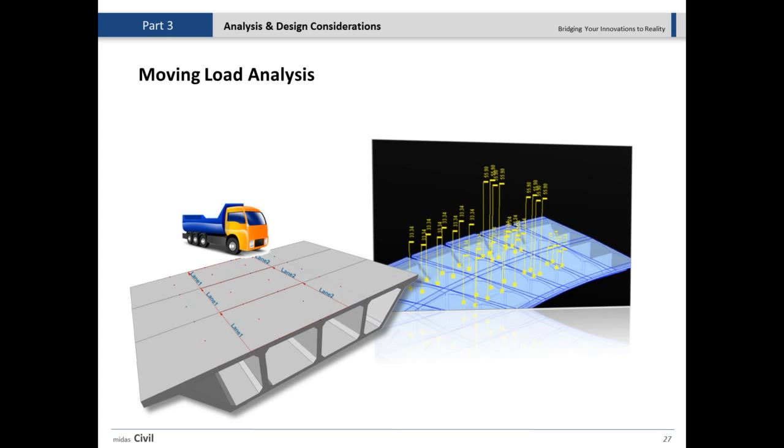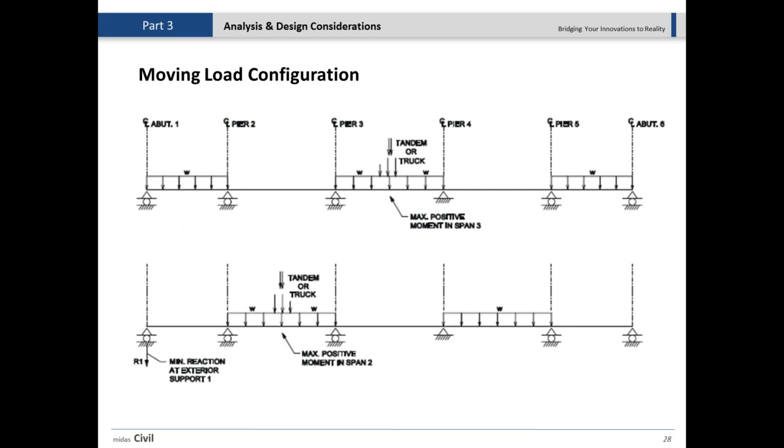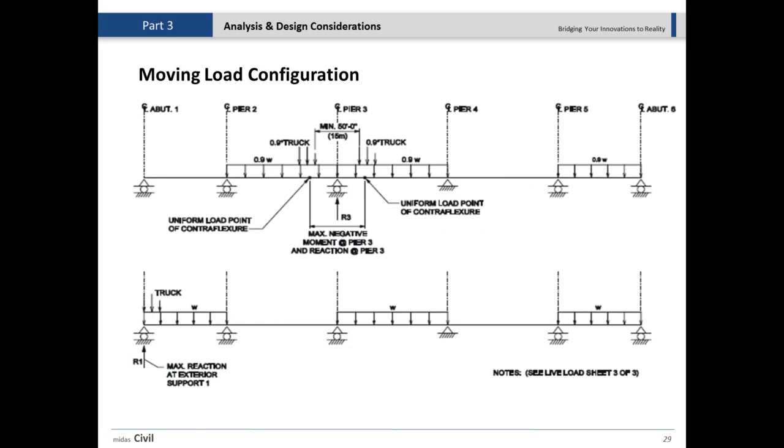If you remember, we said that we can go with the spline model, and based on that, code gives us some load arrangement for placing the truck on the structure in different positions to find the maximum reactions, the negative moments at the supports, and also the maximum moments in the interior mid spans. These are some of the load configurations and arrangements that the code asks us to do.